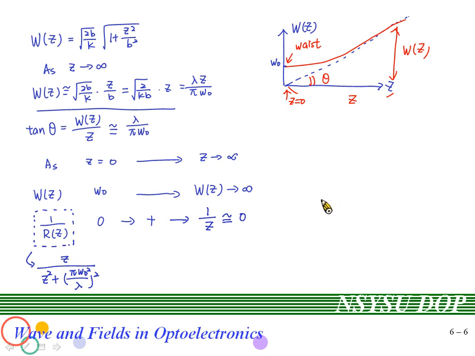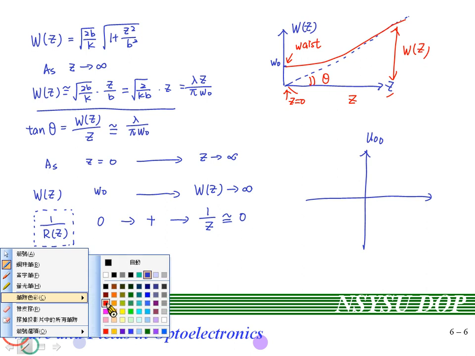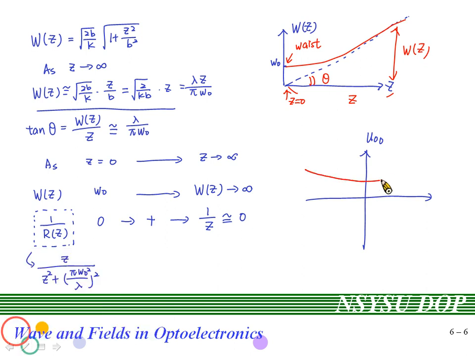So if you want to plot the Gaussian beam along the z-axis, that is, if you want to plot the u00 function, you will see that it looks like this. The beam radius, like these two red curves, has a waist in the center at z is 0. And the beam radius goes to infinity as we increase the value of z, or goes to infinity in the negative z direction.